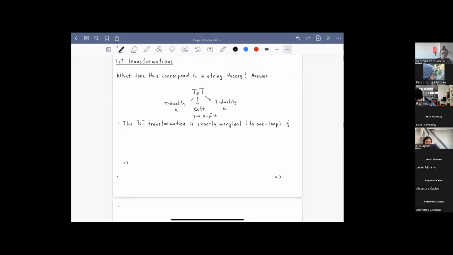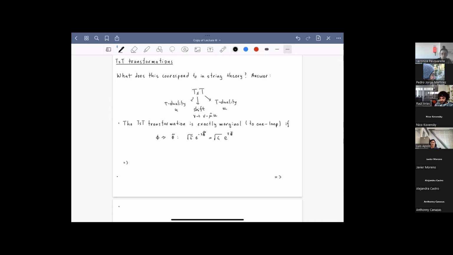Now, a TsT transformation is known to be exactly marginal to one loop, provided that the dilaton transforms appropriately. So the dilaton transforms in this way, and this transformation is known as Buscher's rule. So here, G tilde and phi tilde are the transformed values of the fields.